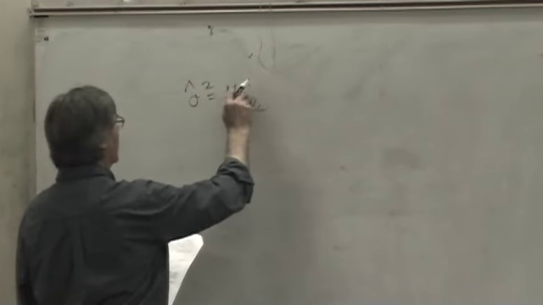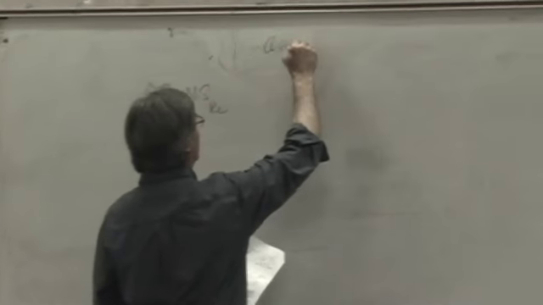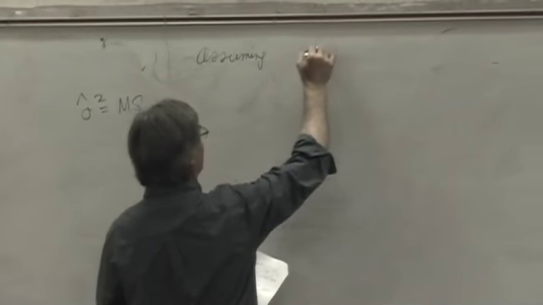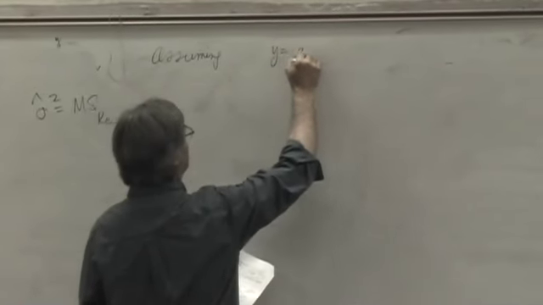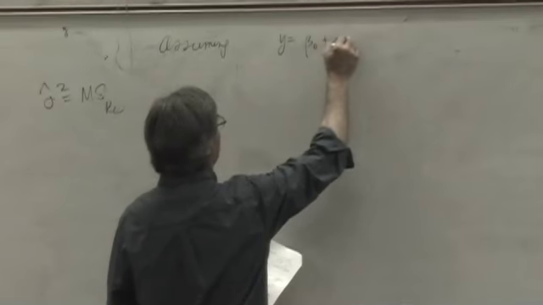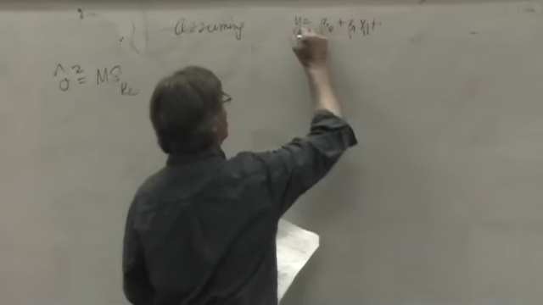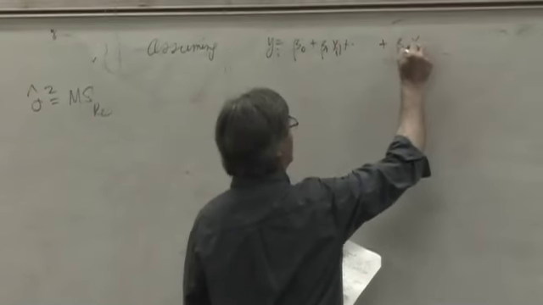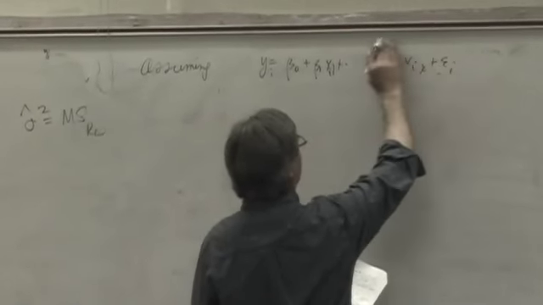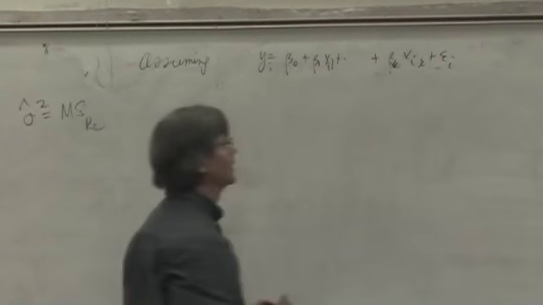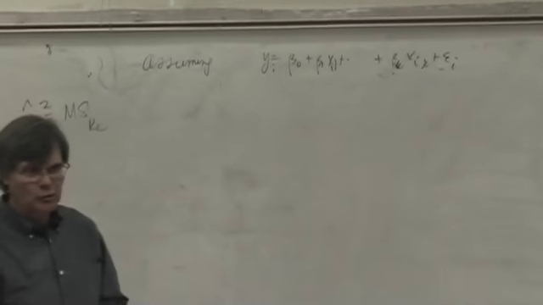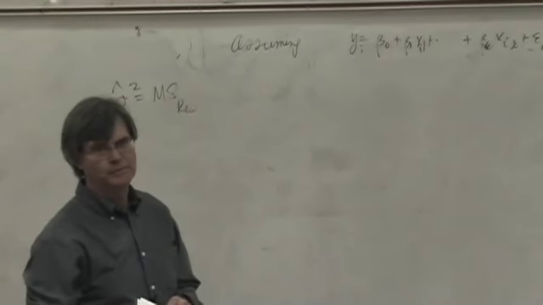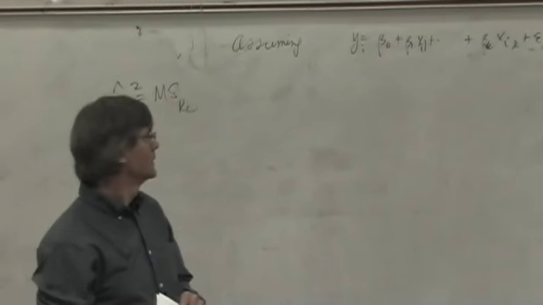What I'm assuming is y equals beta 0 plus beta 1 x_i1 plus and so on plus beta k x_ik plus epsilon_i, where the epsilon_i's are independent, normally distributed, with constant variance sigma squared. That's what I'm assuming.